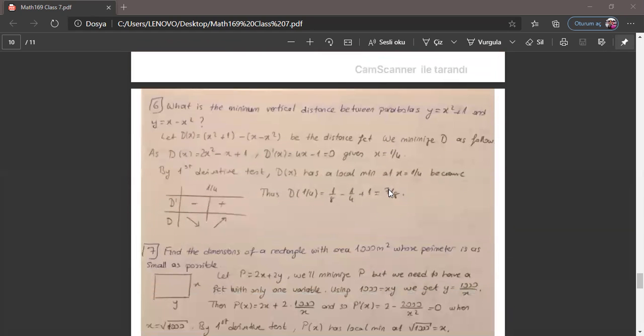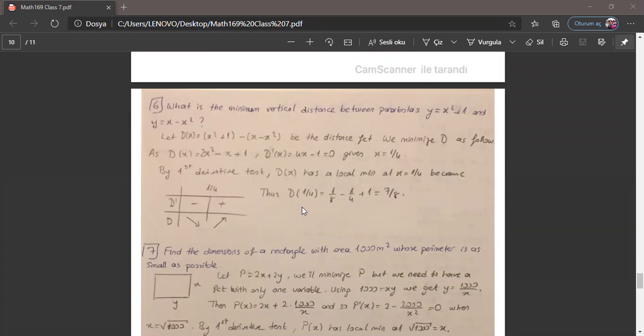Okay. Now we will find the minimum vertical distance between these two parabolas. For these minimization problems, you need to have a function in terms of only x, or with one variable.